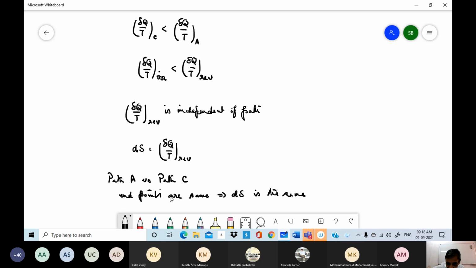So then, since the final endpoints are equilibrium states, the dS for path A and path C are the same.